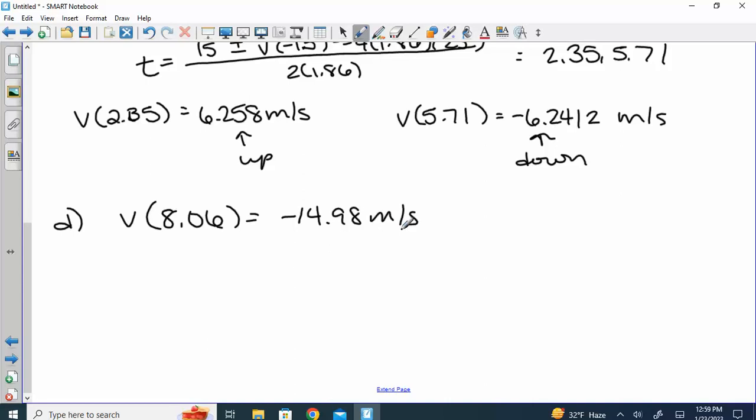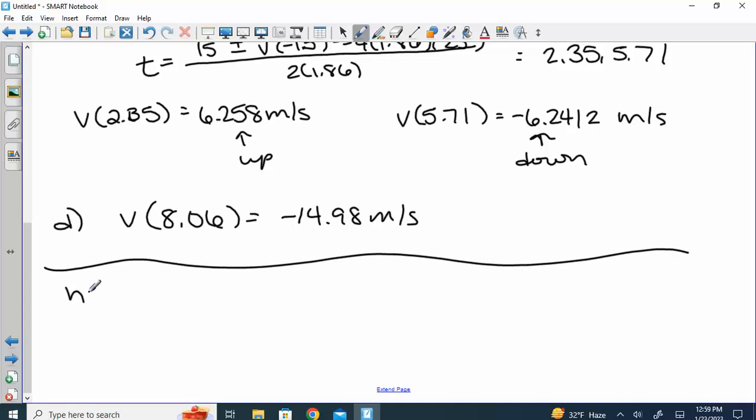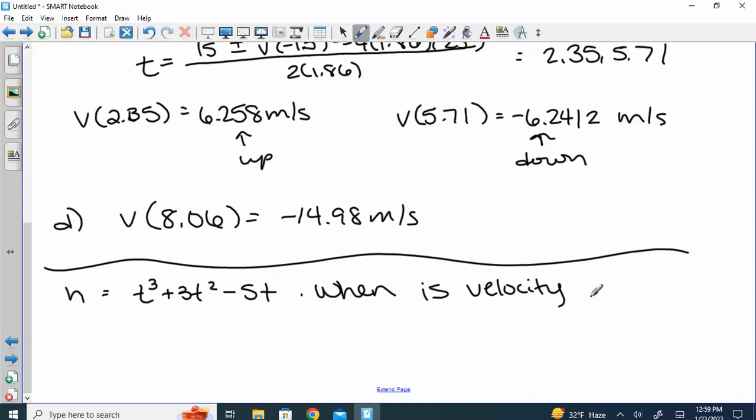Let me ask another question. What if I said your height equation is, and I want to know when is the velocity, let's say 139.